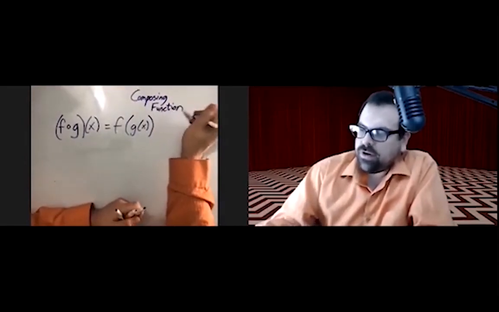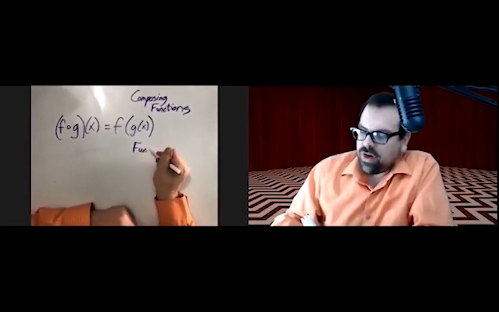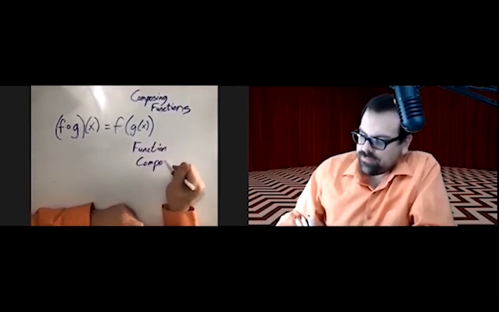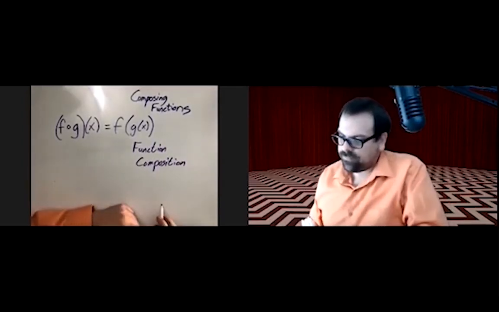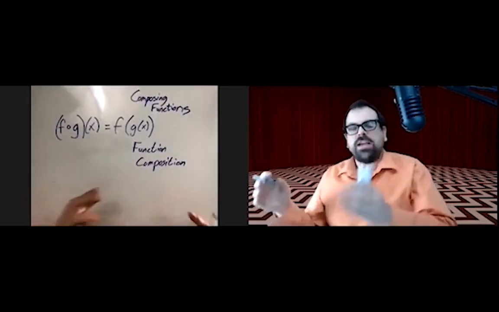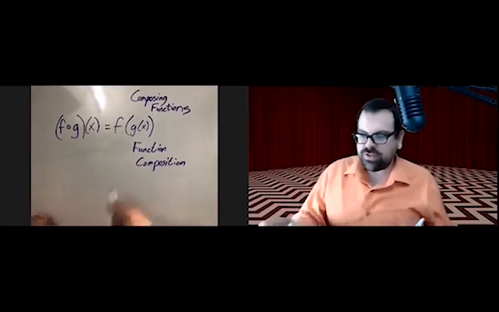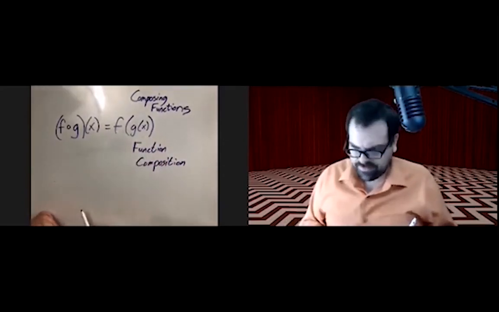When we talk about composing functions or function composition, we're talking about taking a function and plugging it into another function. So this means that G of X is inside of F.